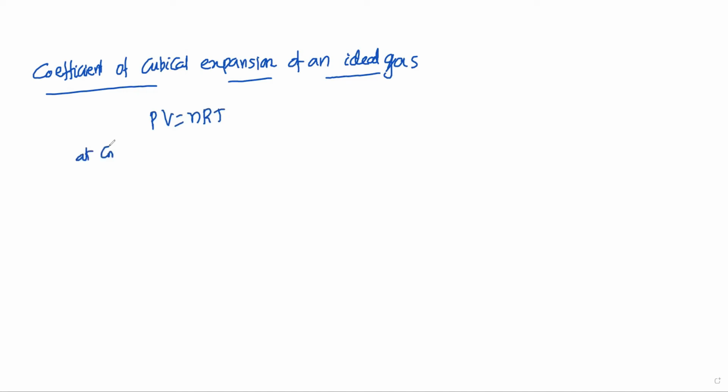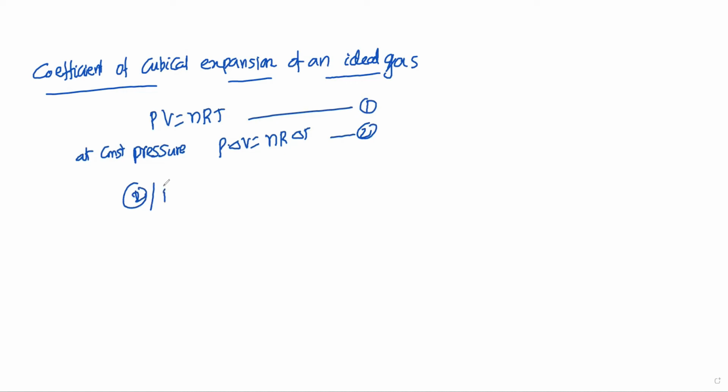At constant pressure, P into delta V is equal to nR into delta T. This is equation 1, this is equation 2. Divide the second equation by the first. P into delta V by PV is equal to nR into delta T by nRT.